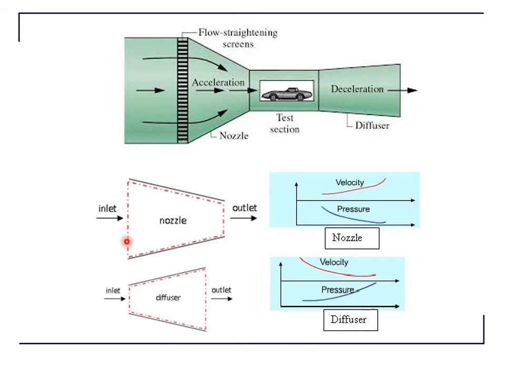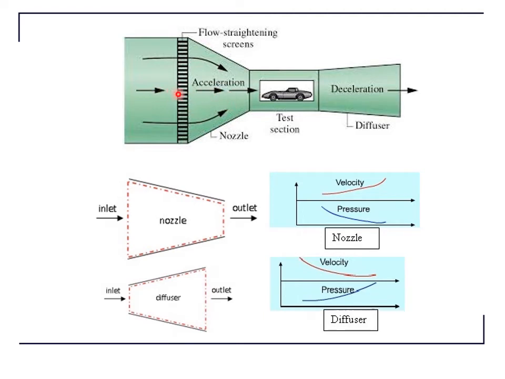Okay, in this slide, I just give you some images for you to understand what's the application of a nozzle. So you can see here, with the change in the cross-sectional area, we can effectively improve or increase the air velocity, for example.